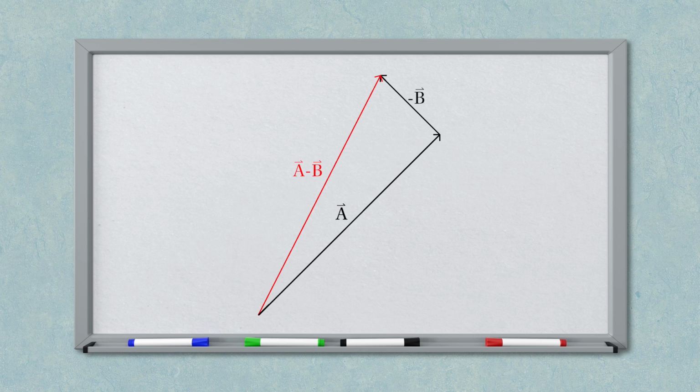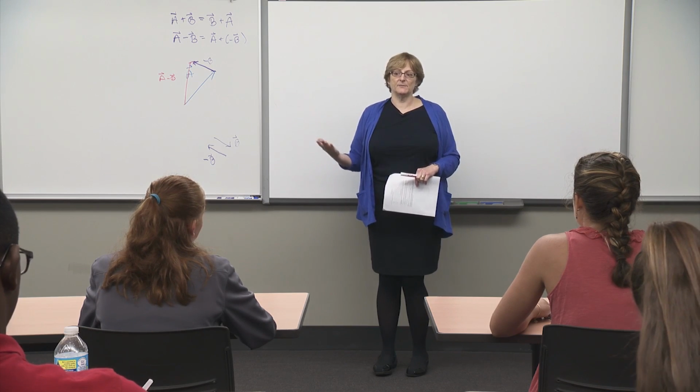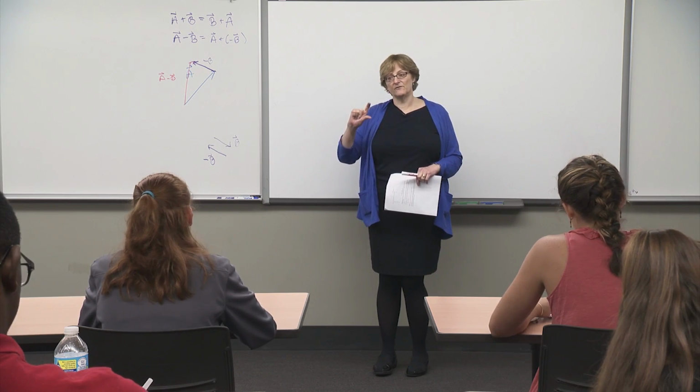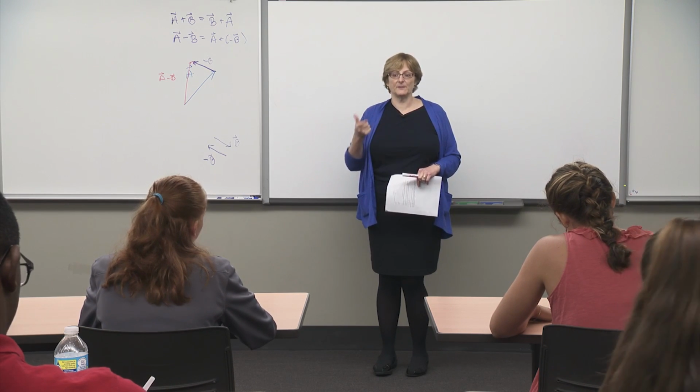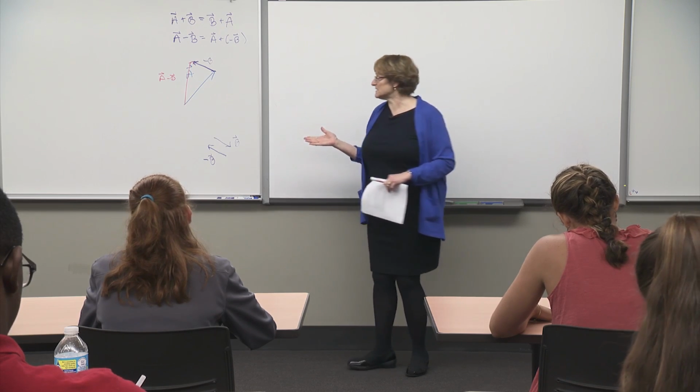This is A minus B. Here you can clearly see A minus B is not going to be the same as B minus A. Okay, because in the one case I'm flipping B, and in the other case I'm flipping A. So I'll get a very different answer, but let me just show you what that looks like.